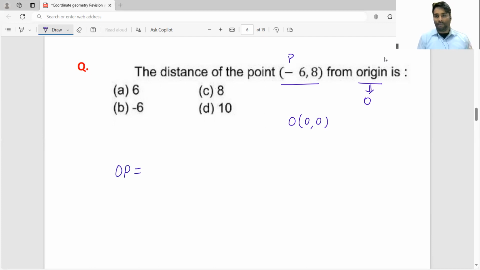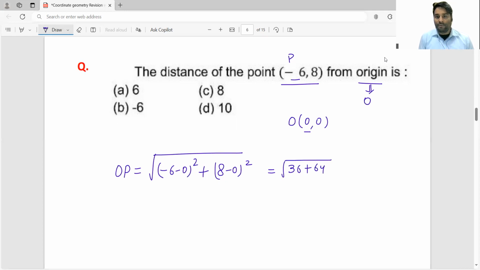OP is the square root of (-6 minus 0) whole square plus (8 minus 0) whole square. If you solve this, you'll have 36 plus 64, which is 100, and the square root of this is 10. So the distance will be 10 units. That is, option D is going to be correct.